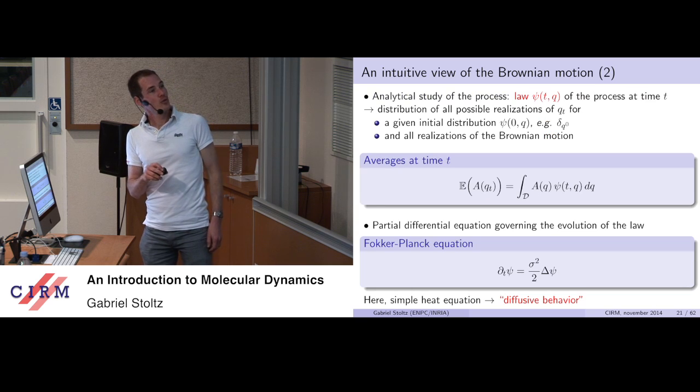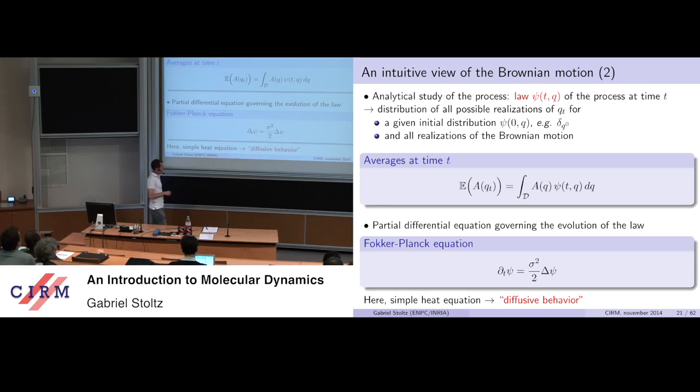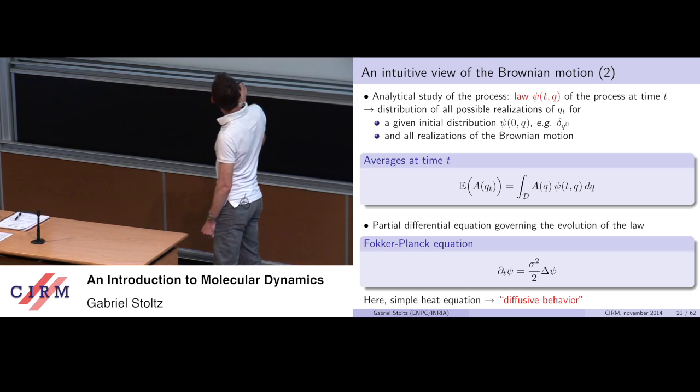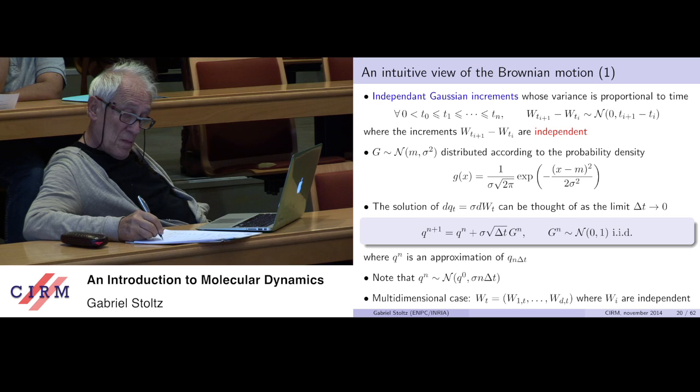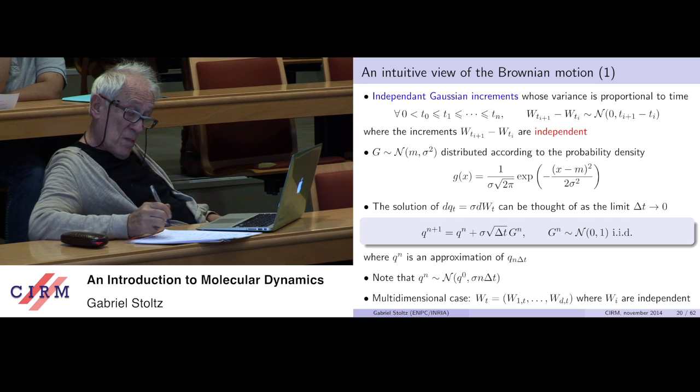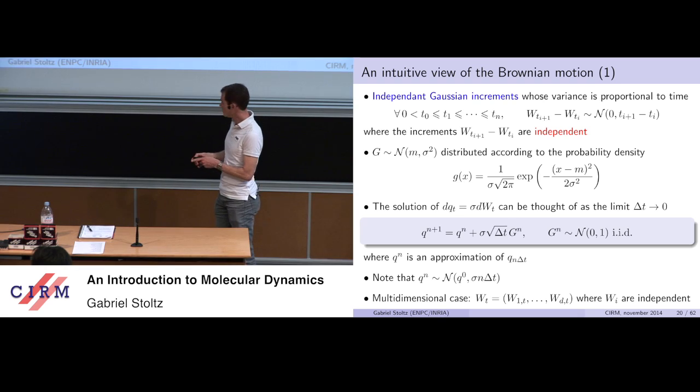Right. So how to make that a little bit more mathematically formal and go to the Fokker-Planck equation is the content of the next slide. For that, I introduce a very central element, which is the law of the process. When I've got a stochastic differential equation like that, I can think of that as starting from some initial conditions, which may be deterministic or random, and then looking at all possible Brownian motions starting from this initial position.